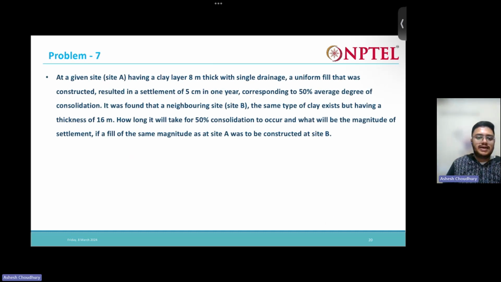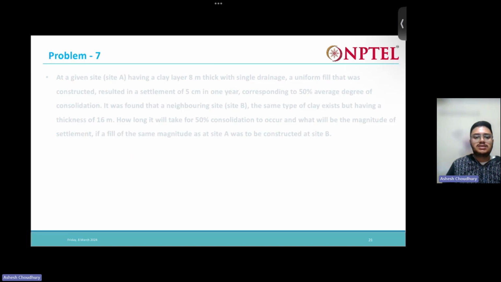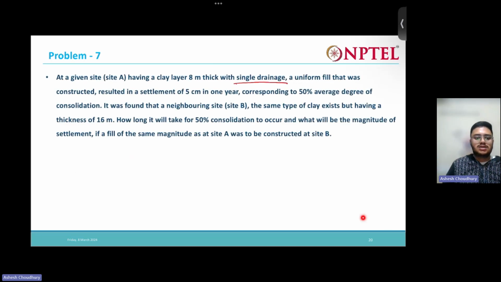At a given site A having a clay layer 8 meter thick with single drainage, remember single drainage, a uniform fill was constructed and resulted in a settlement of 5 centimeter in 1 year, corresponding to 50% consolidation.